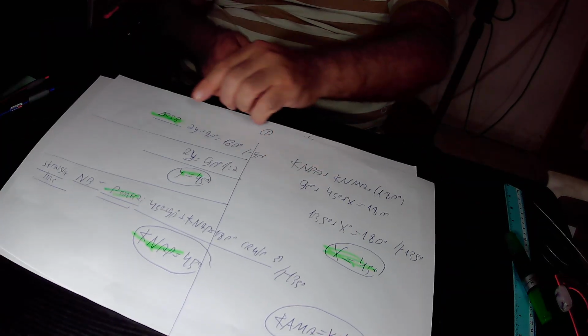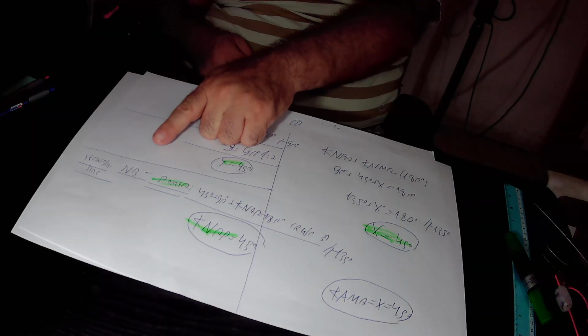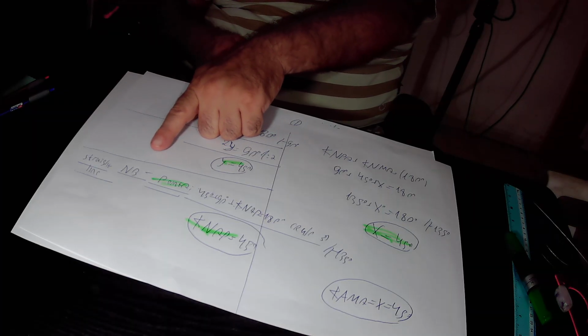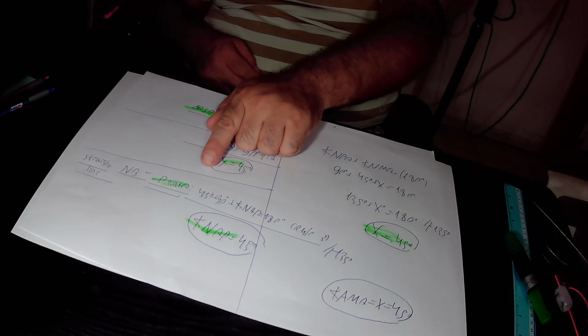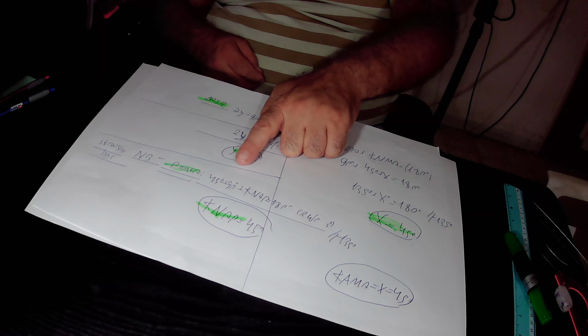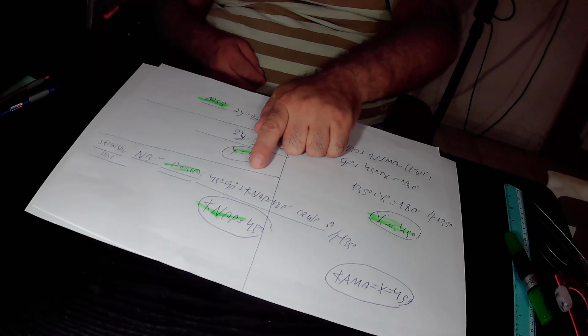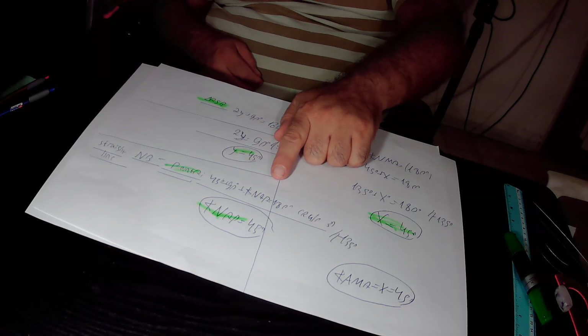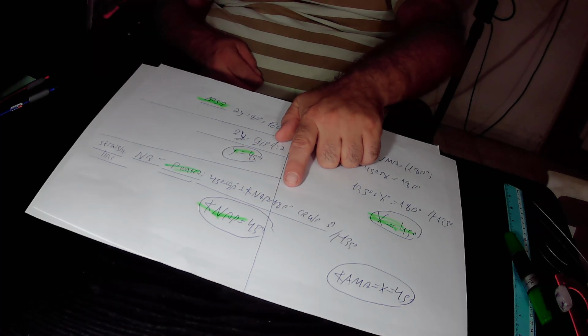Repeat again. If we focus on the left side of the straight line AB at point Q, the sum of the angles must be equal to 180 degrees according to rule 3. So which angles do we have at the left side of the straight line AB at point Q? We have 45 degrees plus 90 degrees plus the missing angle NQP, total must be equal to 180 degrees.